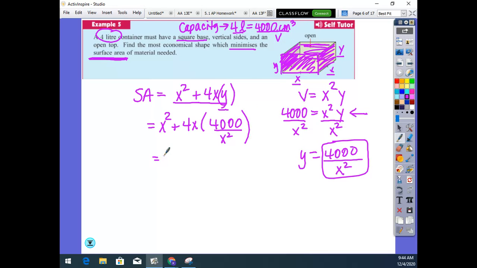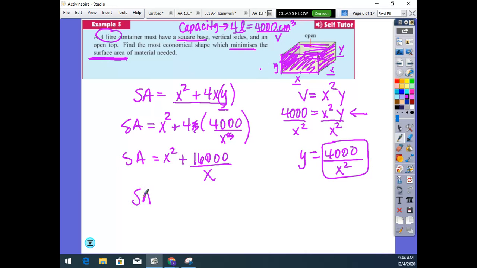But let's simplify this down just a little bit, because this x can cancel out one of these x's. So I get 16,000 over x. All right, so this is my surface area formula in one variable for this particular problem.